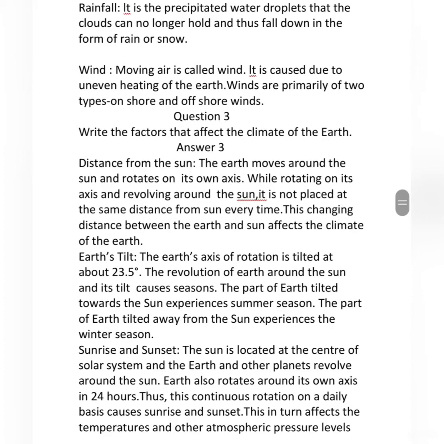Sunrise and sunset. The sun is located at the center of the solar system and the earth and the other planets revolve around the sun. The earth also rotates on its own axis in 24 hours. This continuous rotation on a daily basis causes sunrise and sunset.